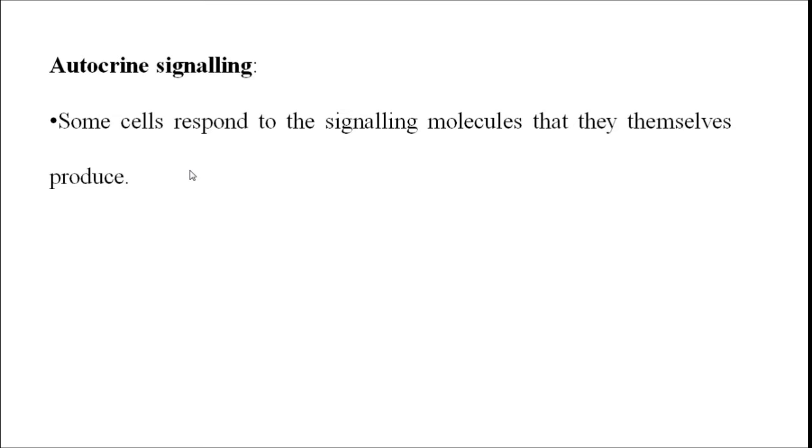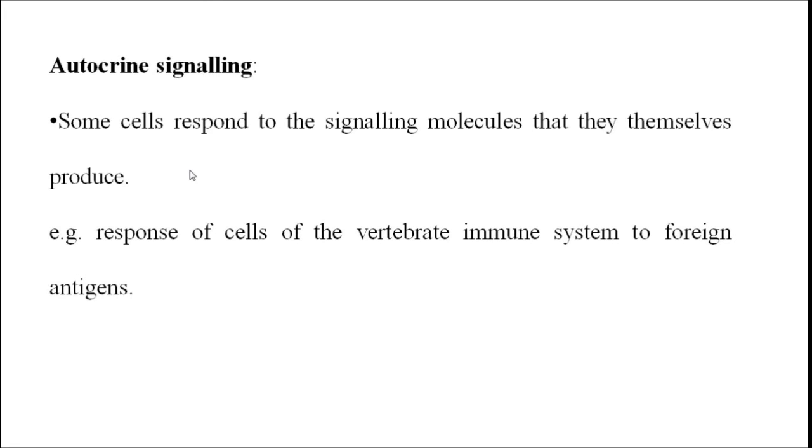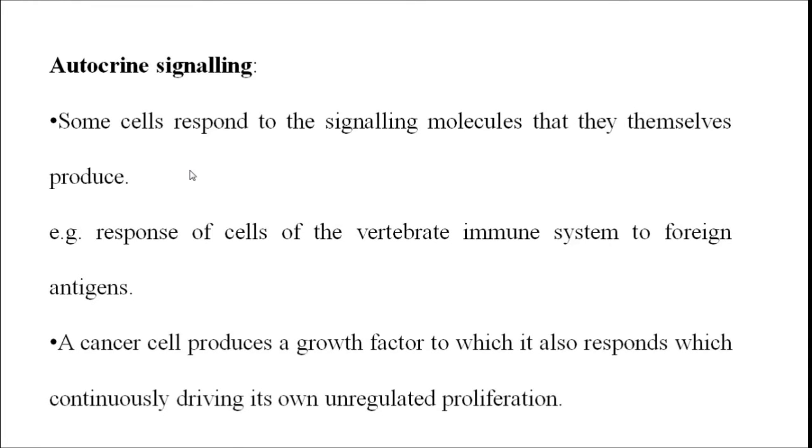Such signaling is known as autocrine signaling. The best example of autocrine signaling is the response generated by the cells of the vertebrate immune system against foreign antigen.